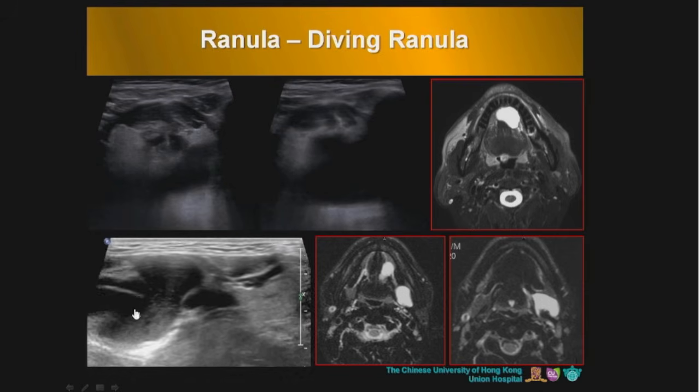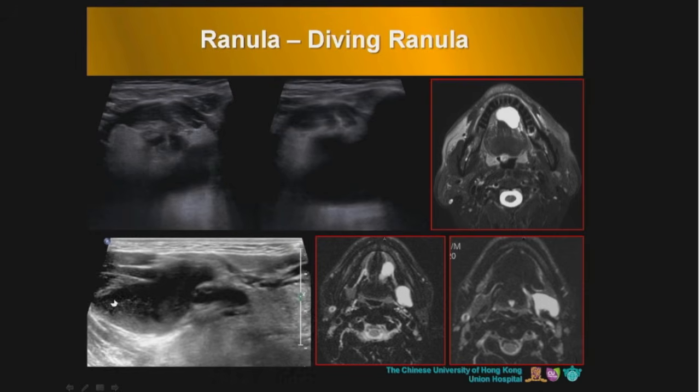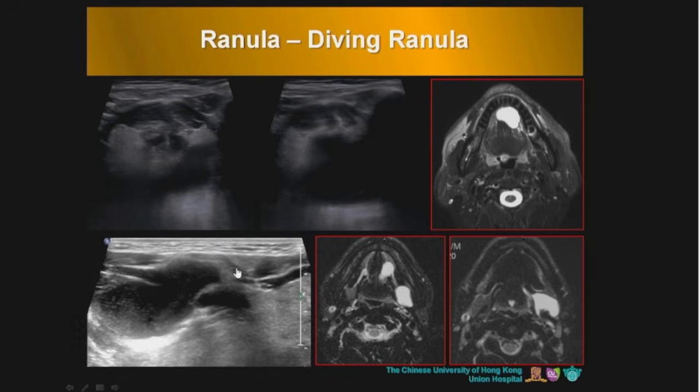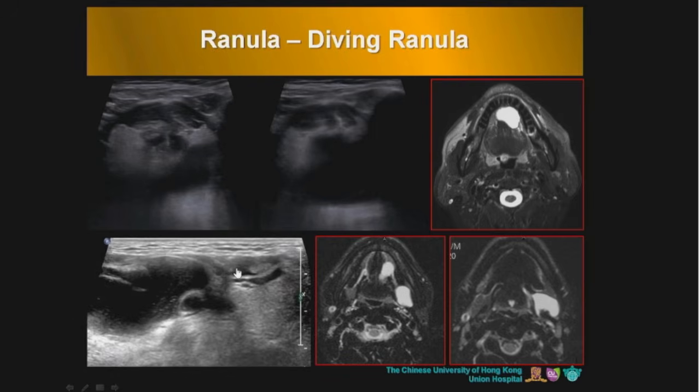From the back of the mylohyoid, so from the sublingual space, it enters the submandibular space. So like we said, the back of the mylohyoid is the free space that allows diseases to go from sublingual to submandibular and even medially into the parapharyngeal space.